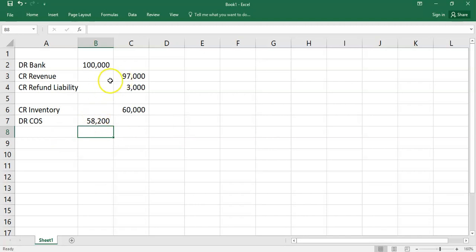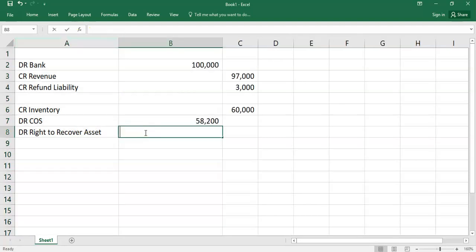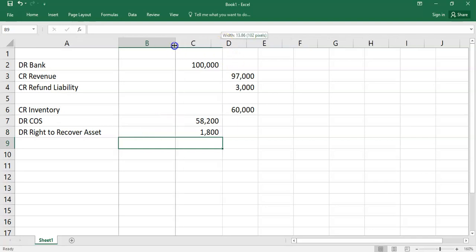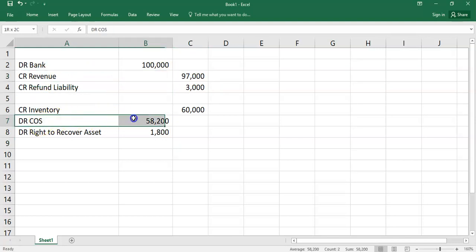So you're matching the revenue from 97 laptops with the cost from 97 laptops. And then this is a new one, debit right to recover asset. And that will be a current asset. And that is going to be 3 times 600, which is 1,800. So the key point is, if you don't recognize it as revenue, you can't put it in as cost of sales.